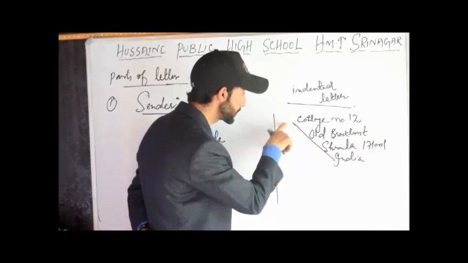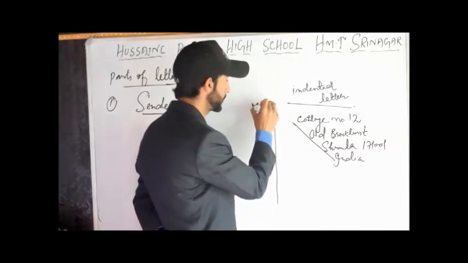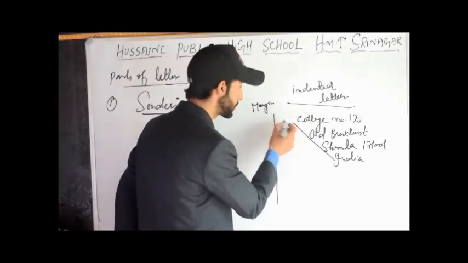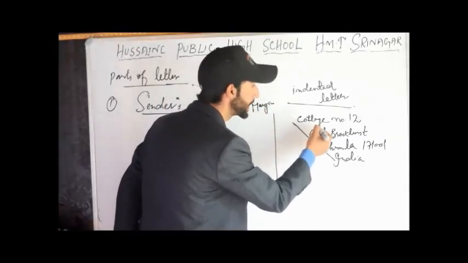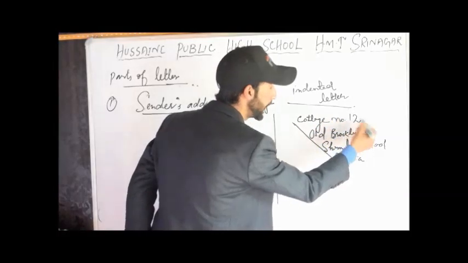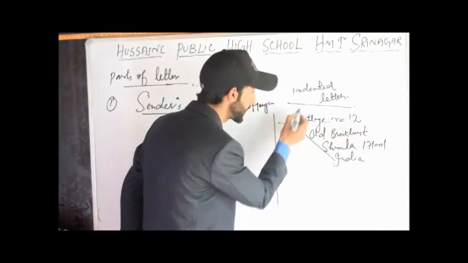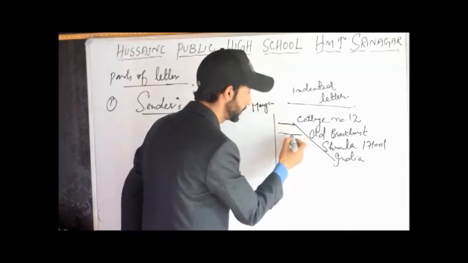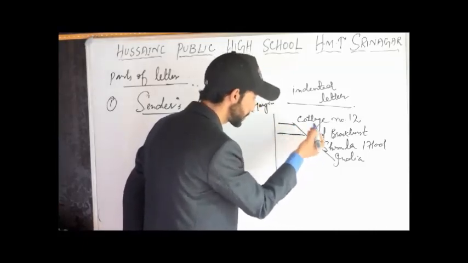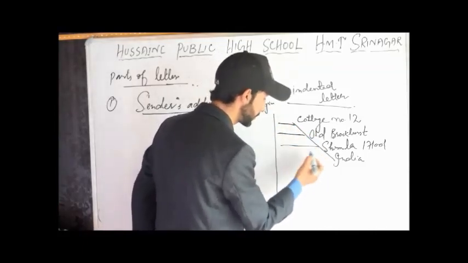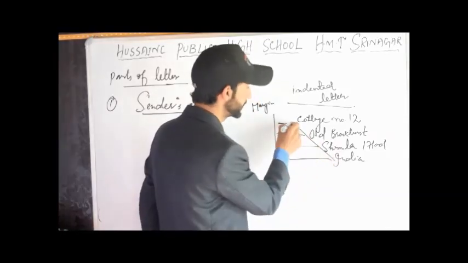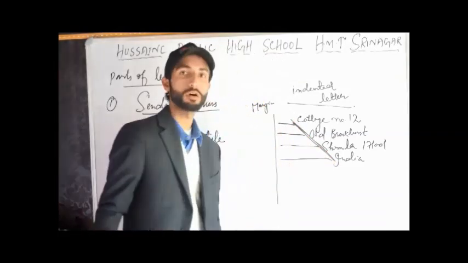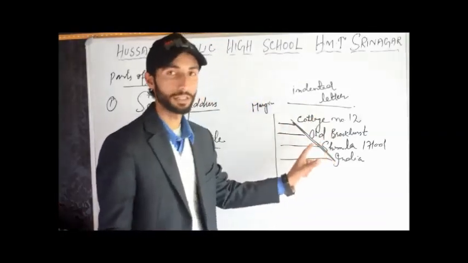When you leave space between the margin, this line is the margin on the left hand side, and the beginning of the line, that's called an indented letter. Here one space or two, then a few spaces more, then a few more. This is now an oblique style, we can say. This is called an indented letter.